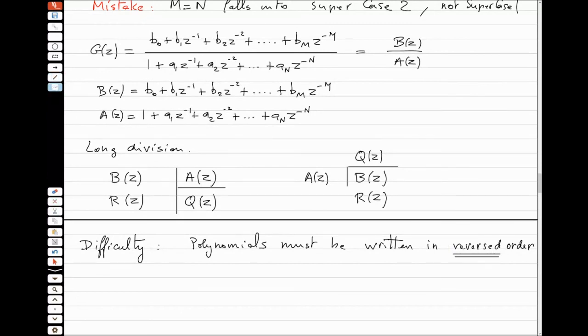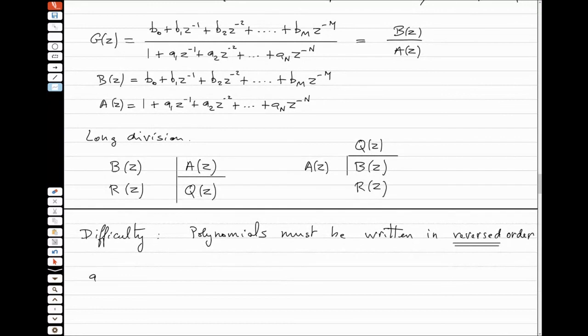I'm going to use the Anglo-Saxon way. When you do that division, you must write in this order.